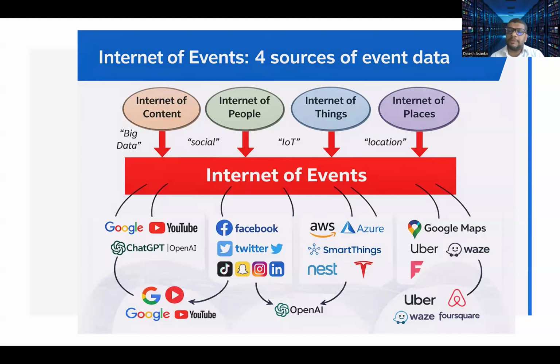Then the Internet of People. Now we all use different types of social media. If your clients are using different types of social media, that can be considered the Internet of People. Some time back, we did research on public sentiment on products, their price sentiment as well as their health sentiment on those products.